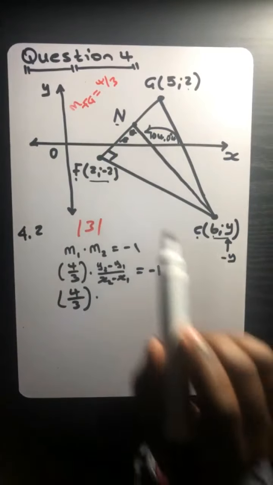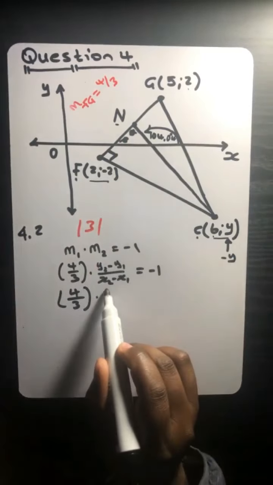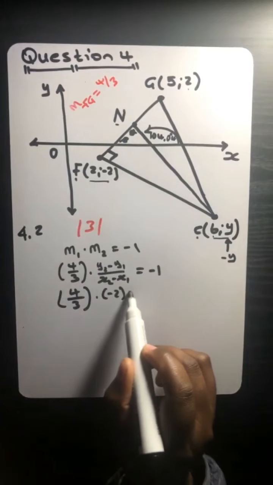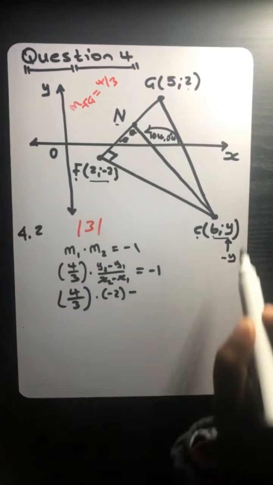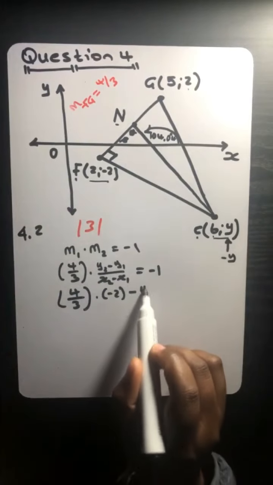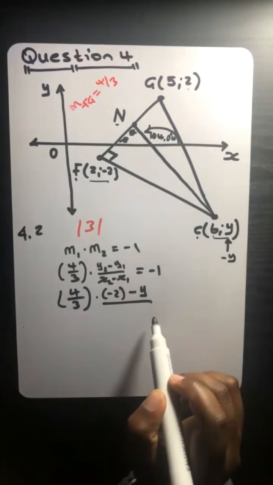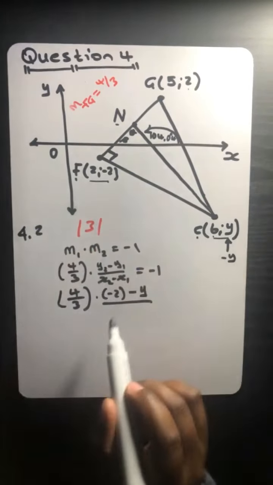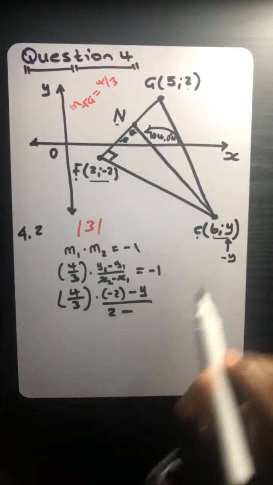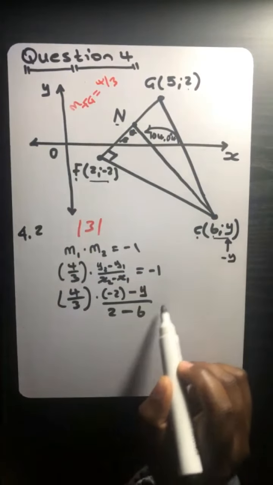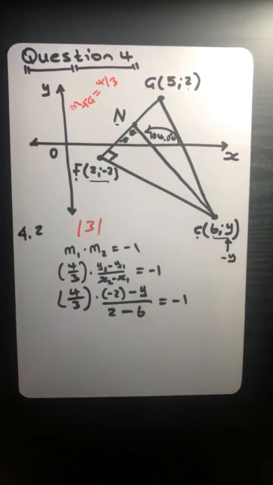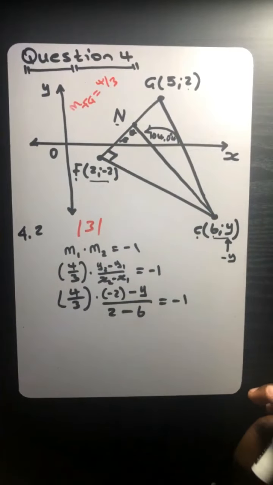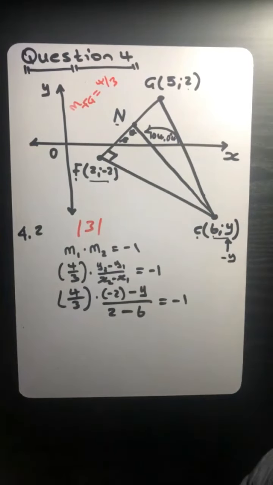It means my y2 is going to be -2 minus what is my y1? Obviously, it's that y, divided by what is x2? x2 is 2 minus what is x1? x1 is 6. This is equated to -1. So guys, I just want to add this thing to you.